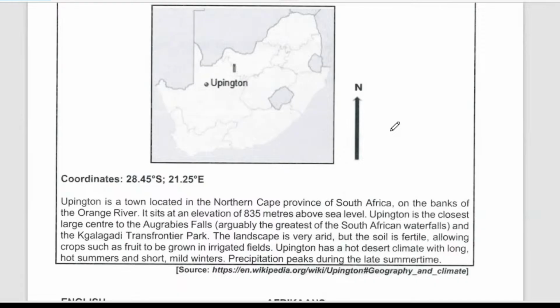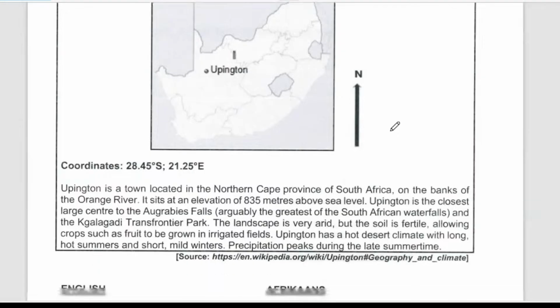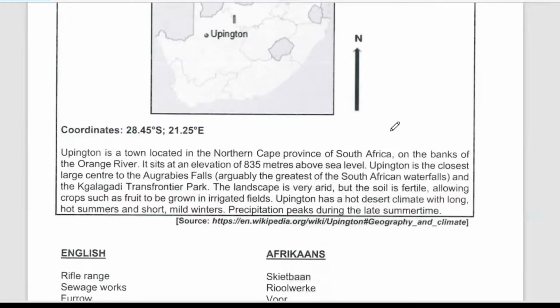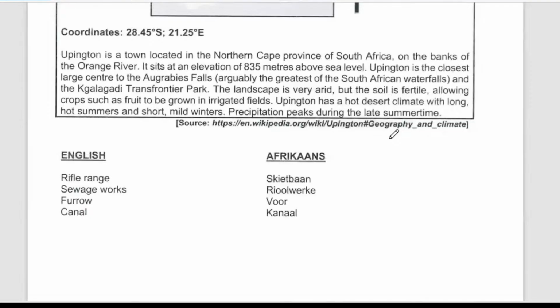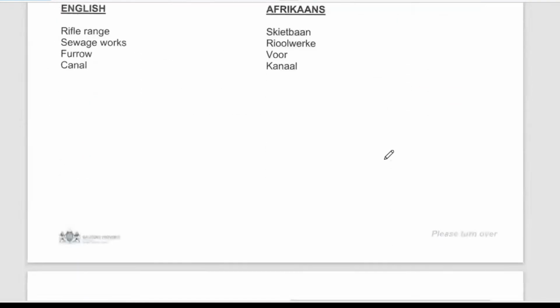And then Kgalagadi Transfrontier Park, the landscape is very arid, but the soil is fertile, allowing crops such as fruit to be grown in irrigated fields. Upington has a hot desert climate with long hot summers and short mild winters. Precipitation peaks during the late summertime. Right, that is the information.